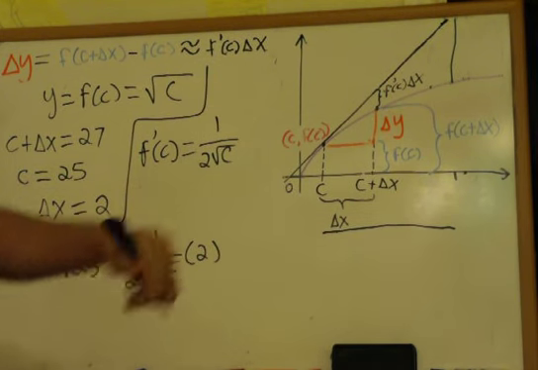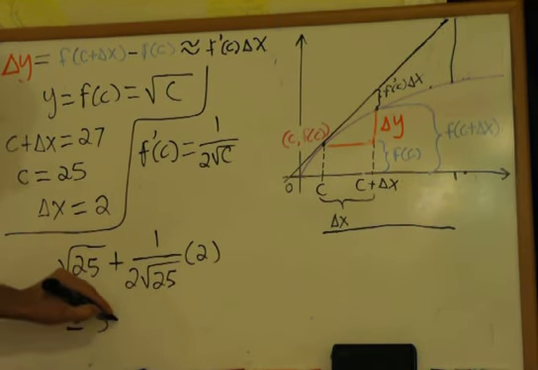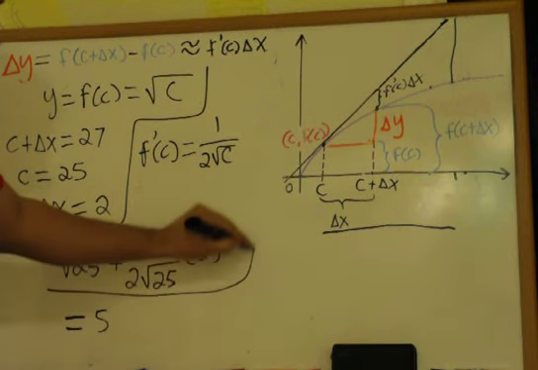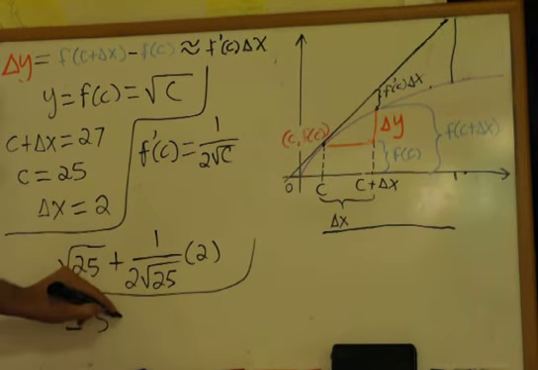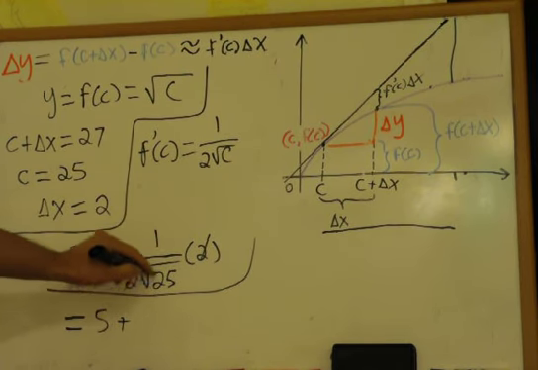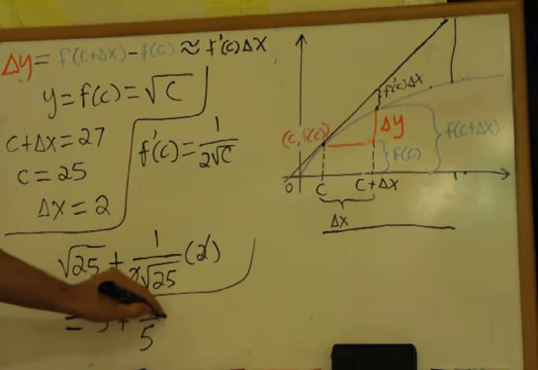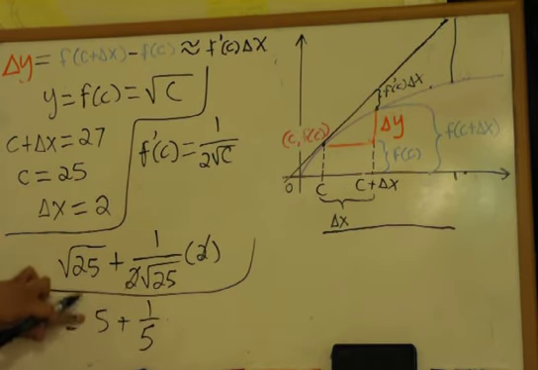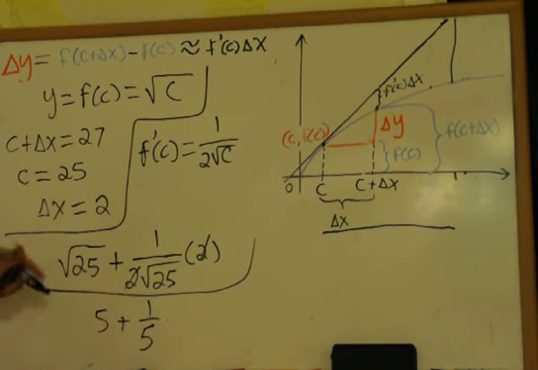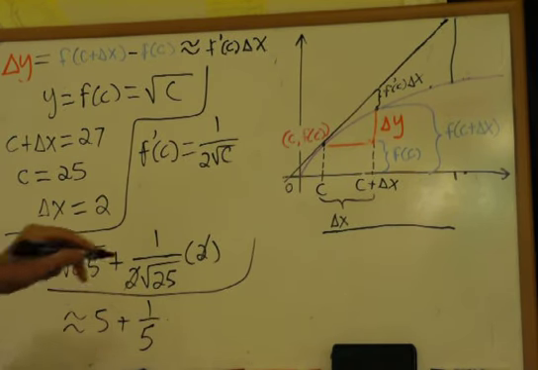So now we can do this part here. So, well, square root of 25 is 5, as we know. Just draw a line there. 5 plus, now we can just cancel out these 2's here, and then the square root of 25 is 5, so that's 1/5. Well, this is all approximately equal to the square root of 27, so let me write an approximate sign there.